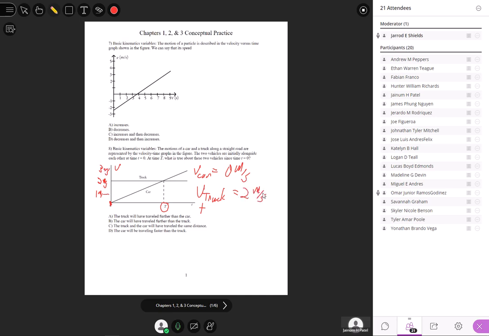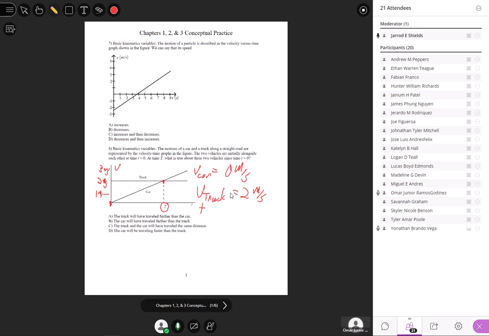It doesn't matter. Now, we know at this time interval, the truck is moving with what kind of velocity? Constant. Constant, absolutely. Very good. So it has constant velocity.